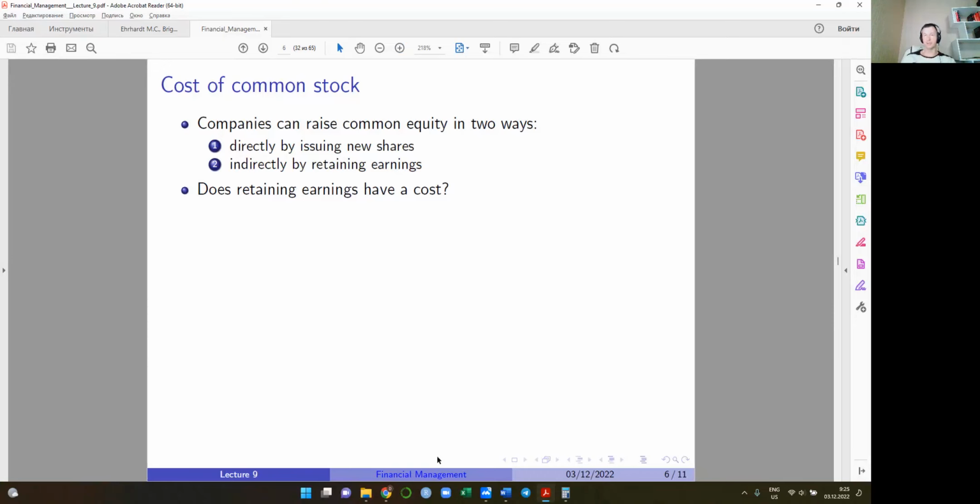Why does it have a cost? The reason is very simple and logical. If earnings are retained, those are not paid in the form of dividends. So the stockholders face an opportunity cost.